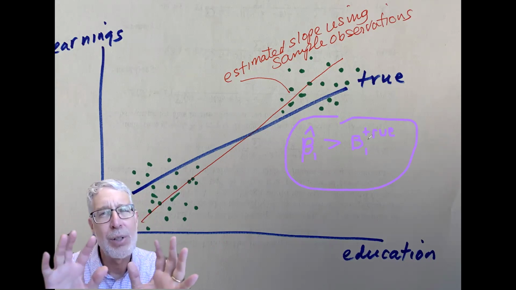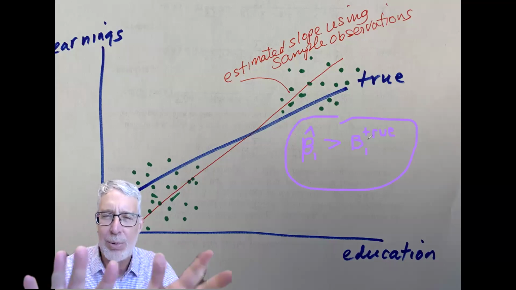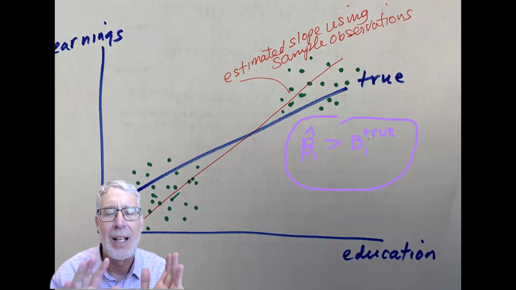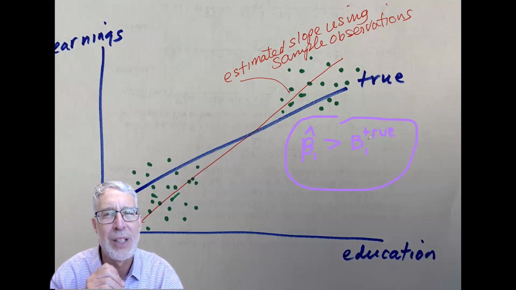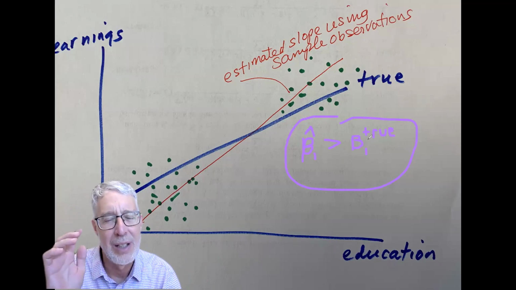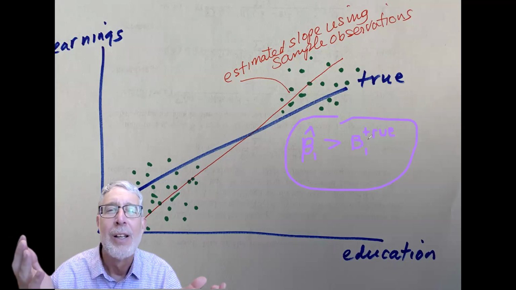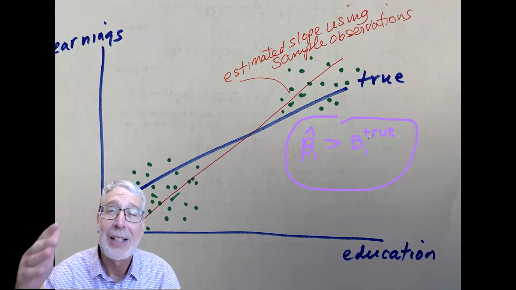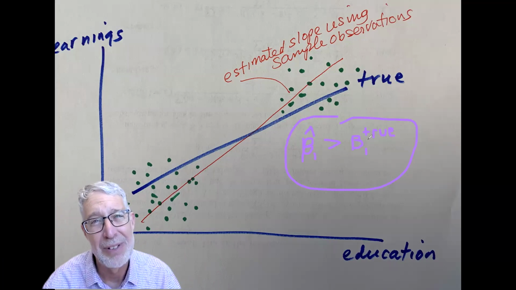I like to use this language when we talk about this, and I encourage you to use the same language. When we look at this graph, how do we understand our biased coefficient? We'll say it looks like education affects earnings a lot, but that's wrong, because people with high education also have high ability, and people with low education have low ability.